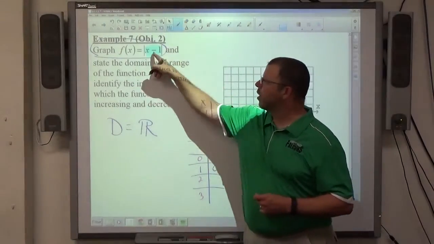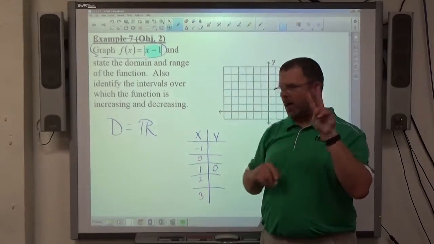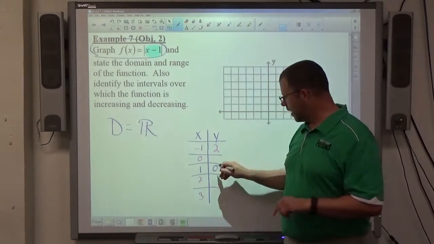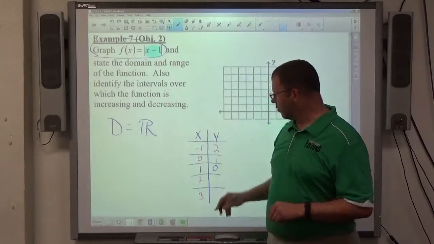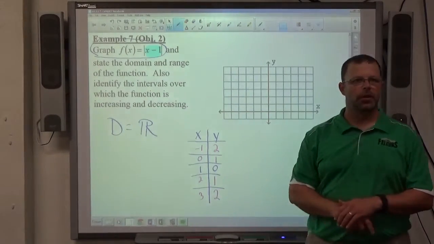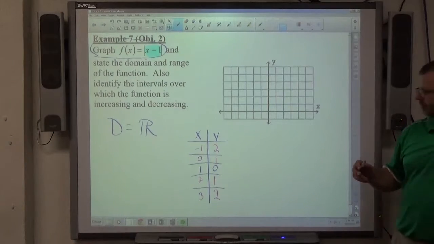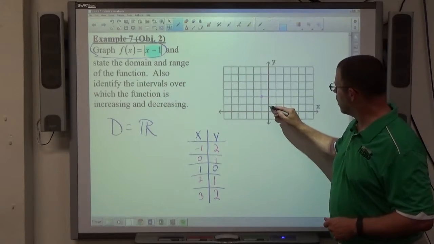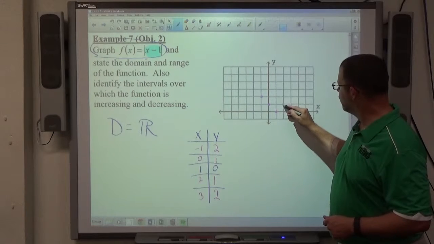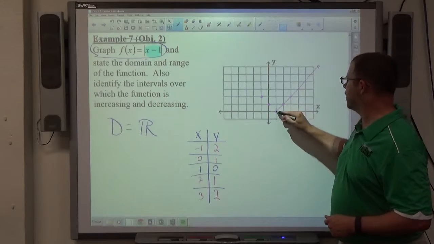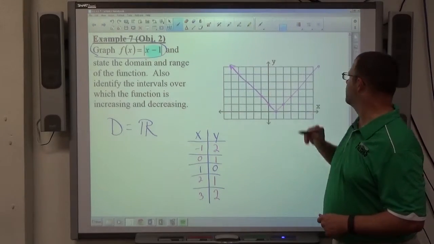So -1 minus 1 is -2, make it positive, it's 2. 0 minus 1 is -1, make it positive, it's 1. 2 minus 1 is 1, keep it positive. 3 minus 1 is 2, keep it positive. So we get this nice list of numbers: -1, 2; 0, 1; 1, 0; 2, 1; 3, 2. Just our basic absolute value graph. It makes straight lines going up like so in a V shape.